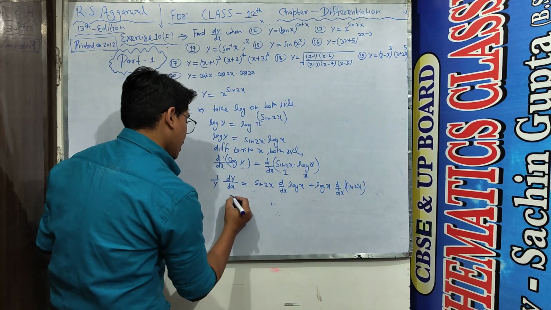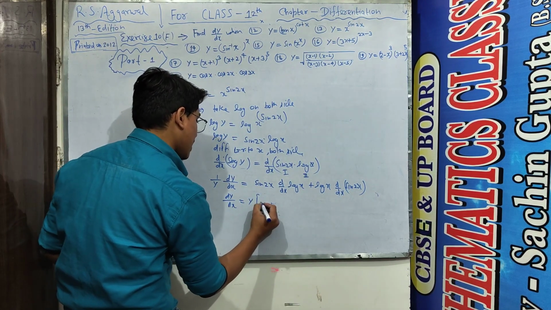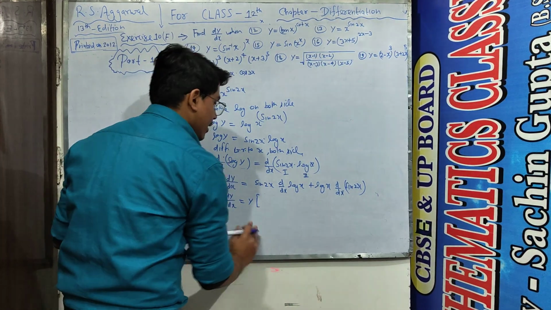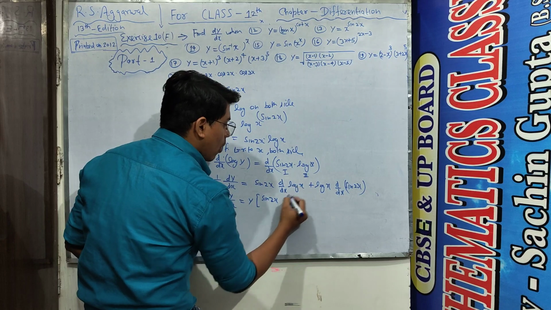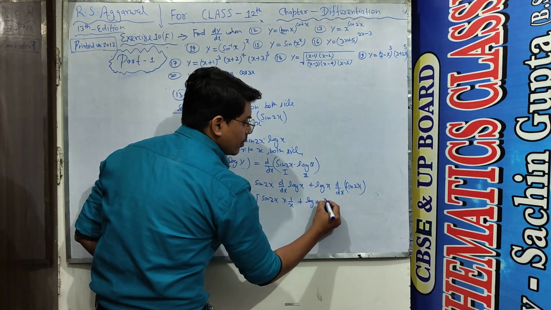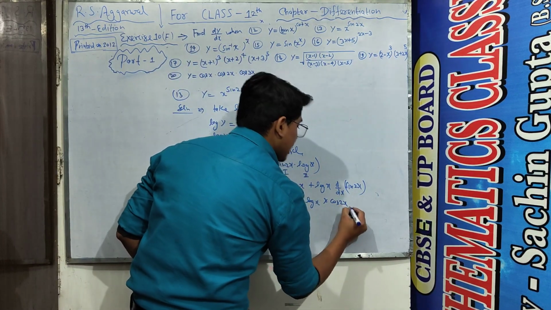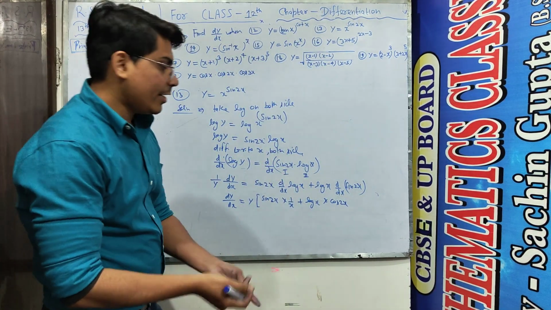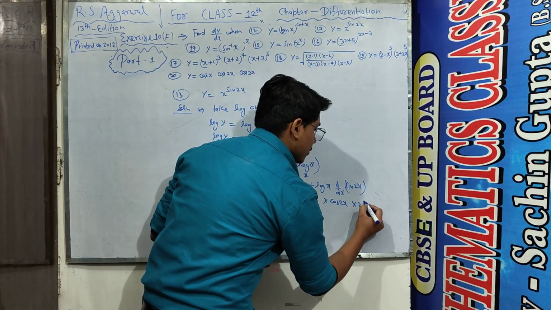Now this y goes to the other side, so it gets multiplied on the right hand side, and this sine 2x I write as it is, and the differential of log x is 1 upon x, and log x I write as it is, and the differential of sine 2x is cos 2x, and we again differentiate 2x by applying the chain rule, then its differential comes as 2.